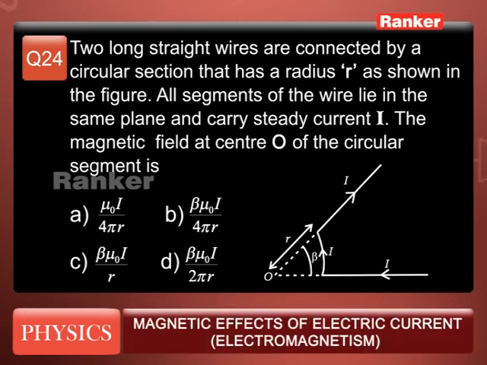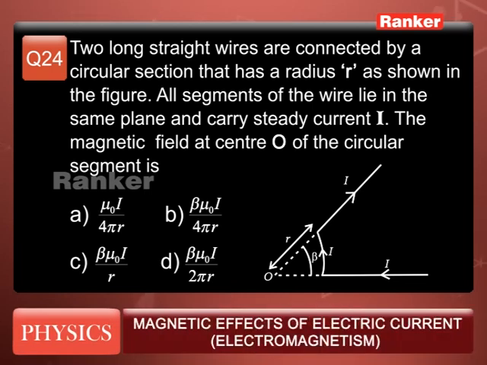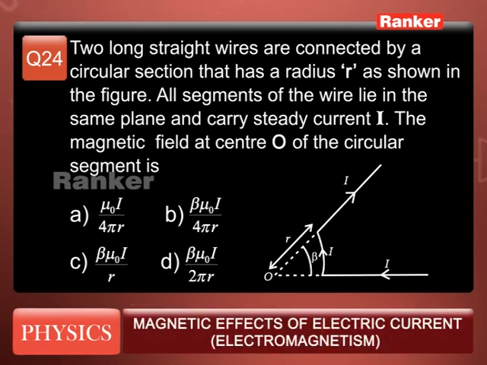Once again the options are given this way. The first option says mu naught I by 4 pi r, and the second option says mu naught I into beta by 4 pi r. Beta of course is the angle given there. The third option says beta mu naught I by r, and the fourth option beta mu naught I by 2 pi r.